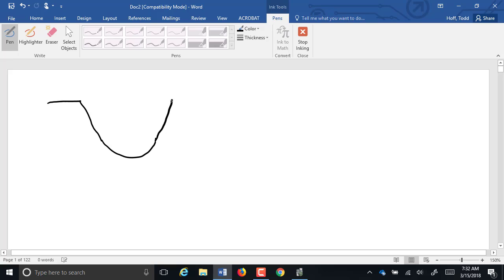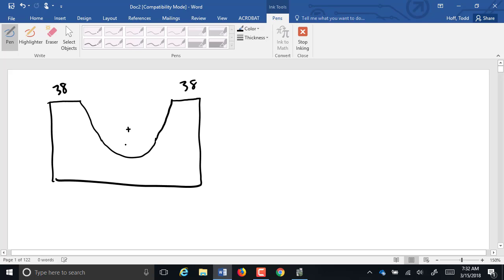I'm exaggerating my angles a little bit here just because I'm horrible at drawing stuff. This is 38 across here and 38 across here. Radius of 43.8.